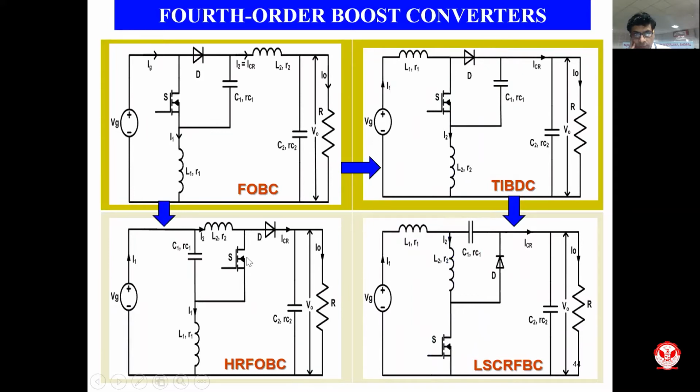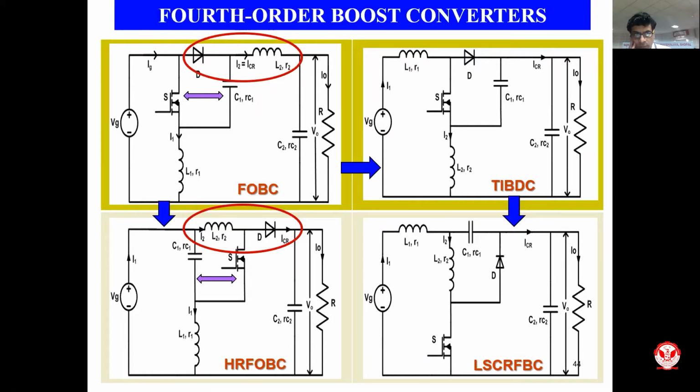Another converter which can be formed is from the first converter. Here you are interchanging the position of an inductor and the diode, and you are changing the position of the switch and the capacitor. Similarly there are many other permutation combinations possible, but all these combinations may not be a working solution.